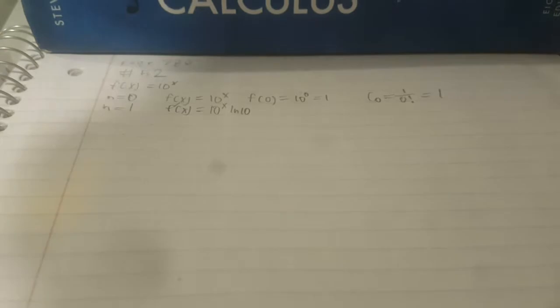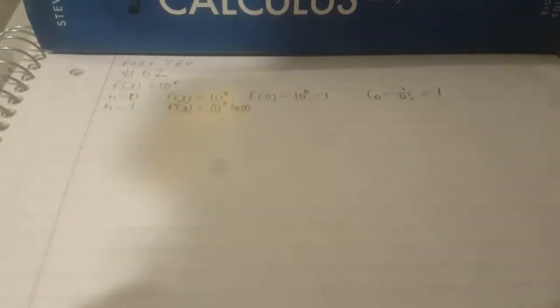Then we need to go on to n equals 1, f prime of x equals 10 to the x ln of 10, because of the base of this being 10.